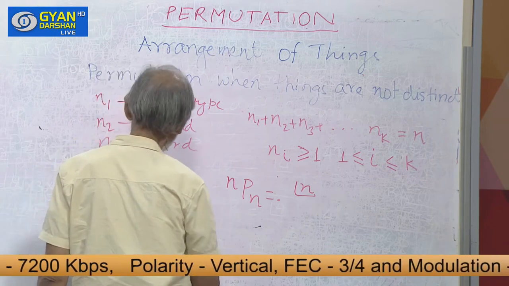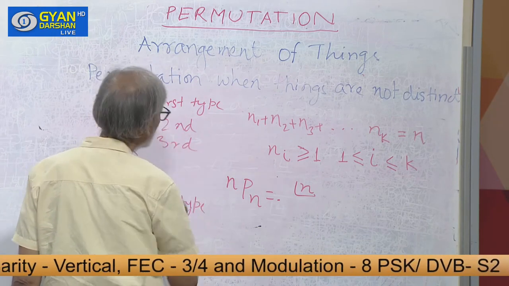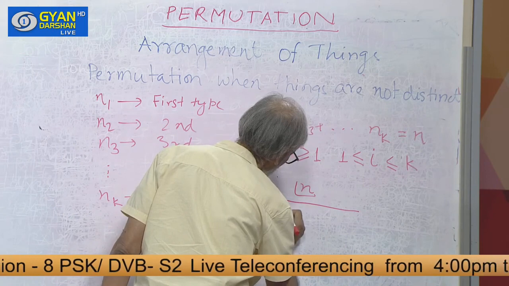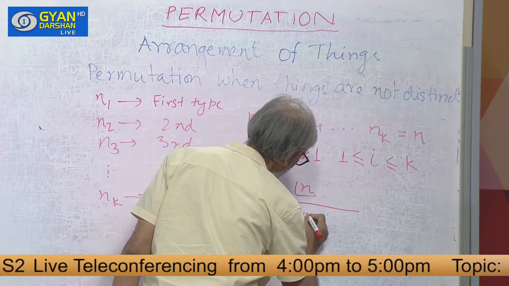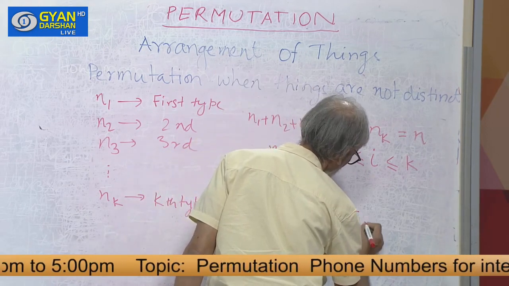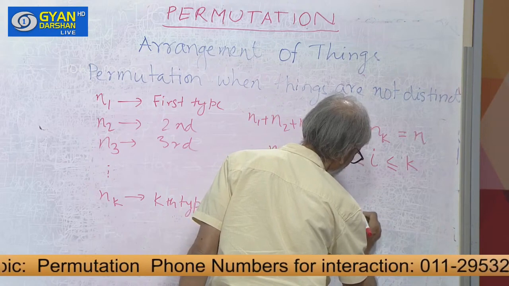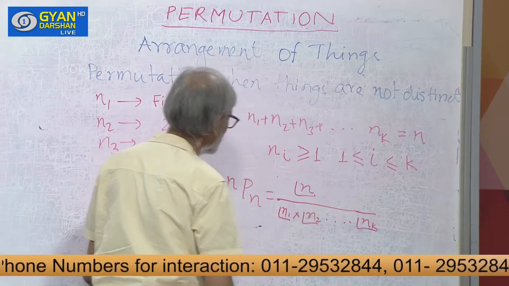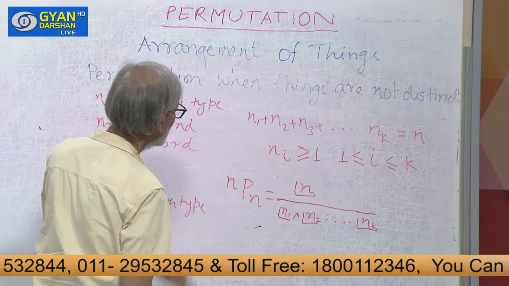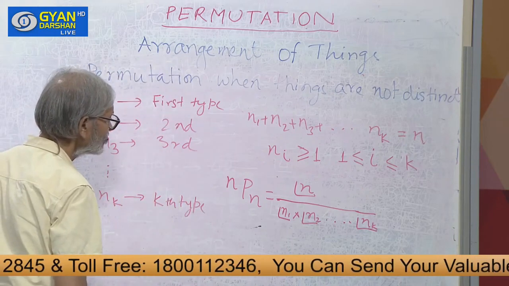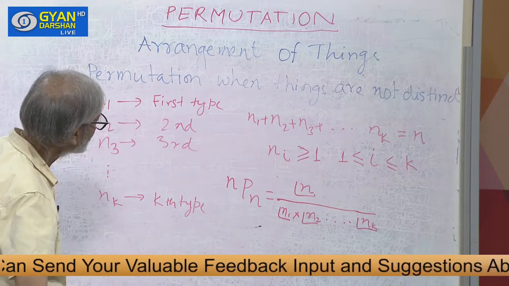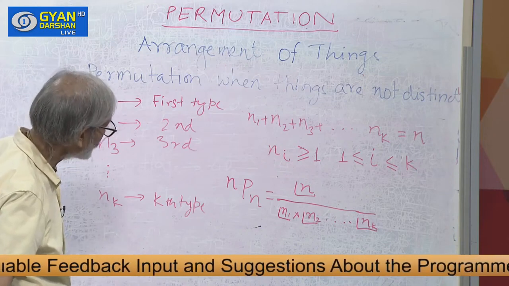But since there are different types, not all distinct, this formula becomes factorial n divided by factorial n1 into factorial n2 till factorial nk. So, this is the formula. Now, let us take an example so that it will be clear to you how it works. You just remember this formula.